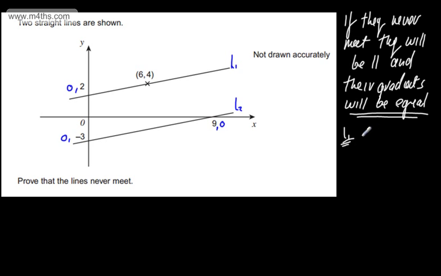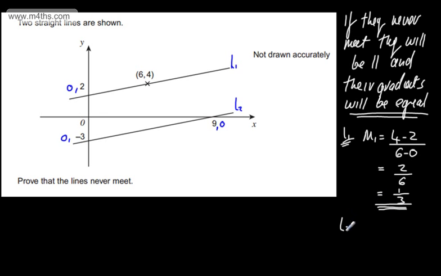We can find M1, the gradient. The gradient is the change in y over the change in x. The change in y is going to be 4 minus 2 over the change in x, which is 6 minus 0. That gives us 2 in the numerator, 6 in the denominator, which simplifies to 1/3.